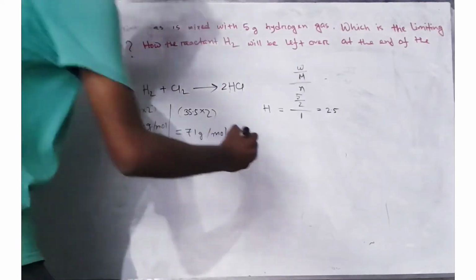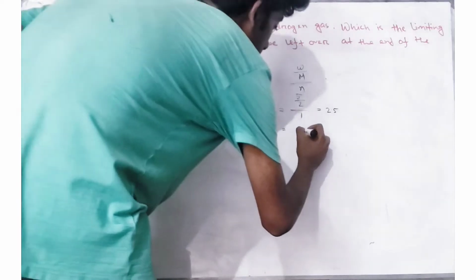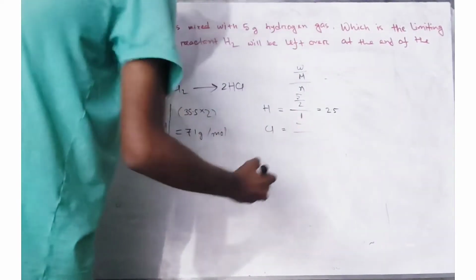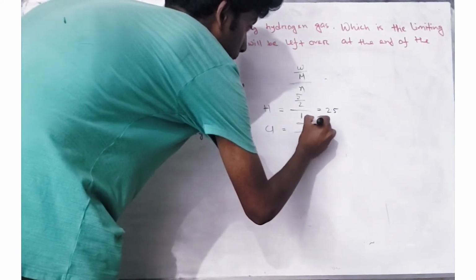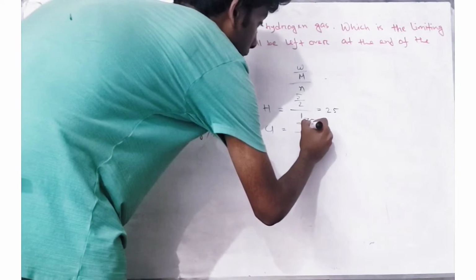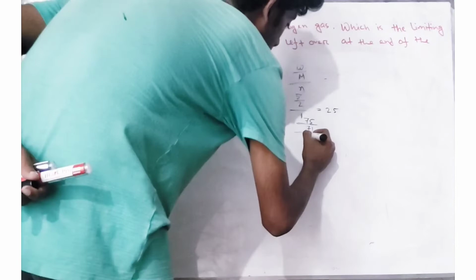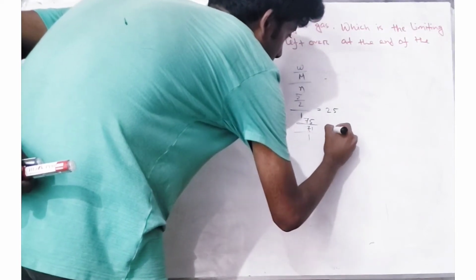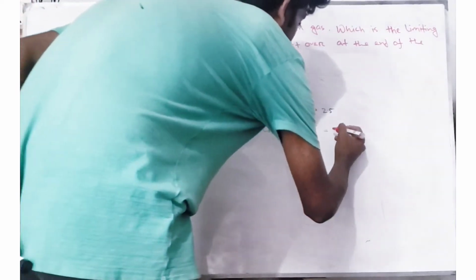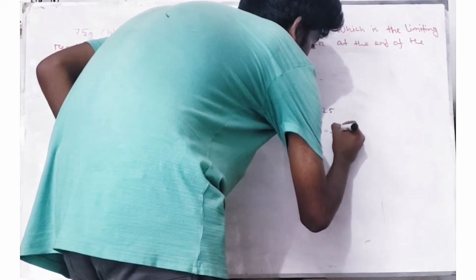Chlorine is given here as 75 gram, the molecular mass is 71, and the number of mole is 1, so here we will get 1.056.